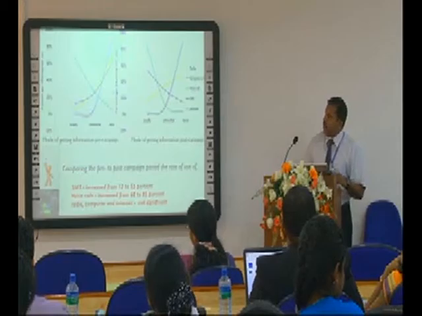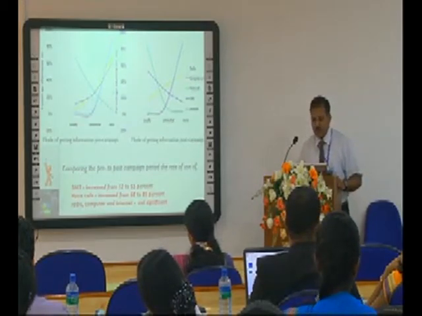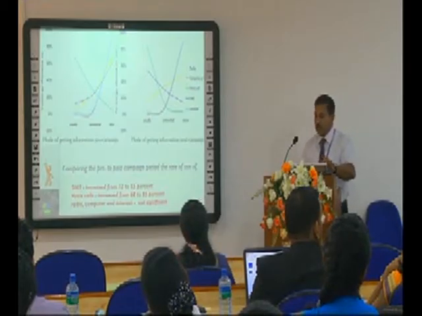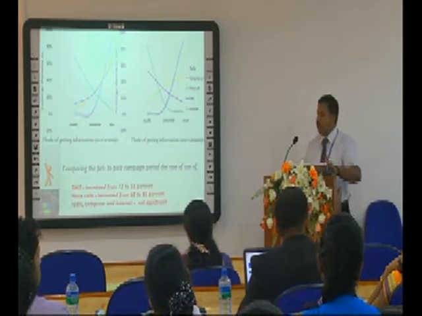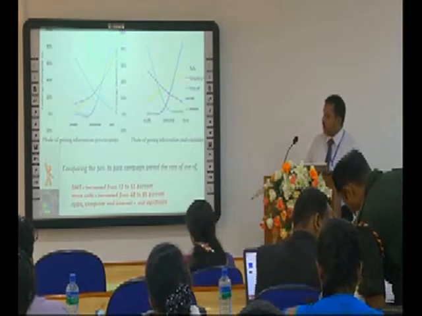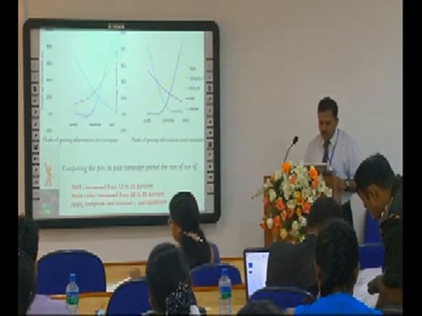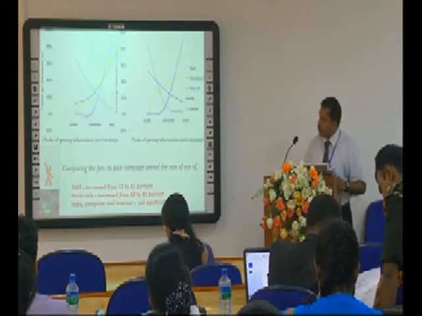So this is the mode of getting information before and after the campaign. When you compare the pre- and post-campaign periods, the rate of use of SMS increased from 12% to 55%.